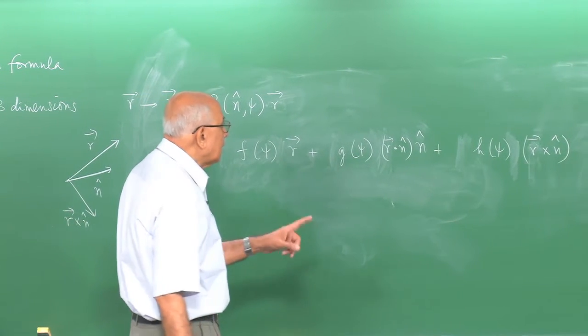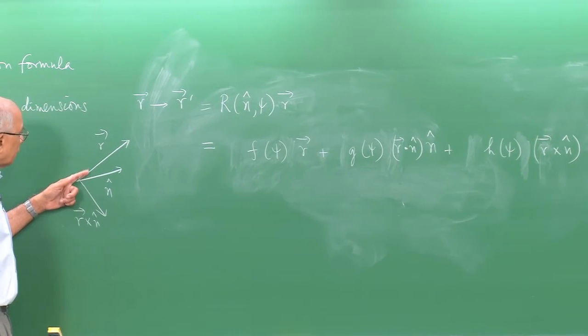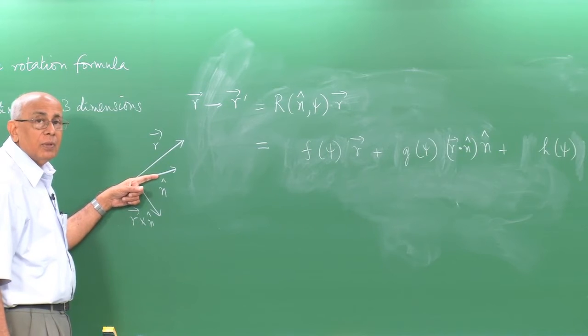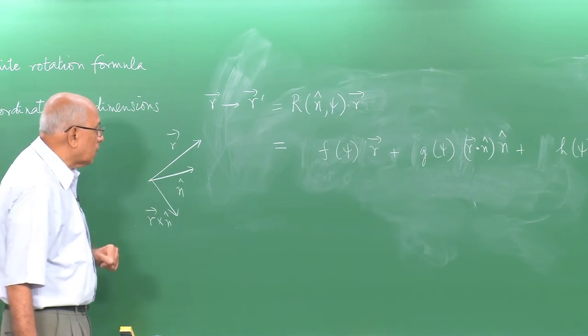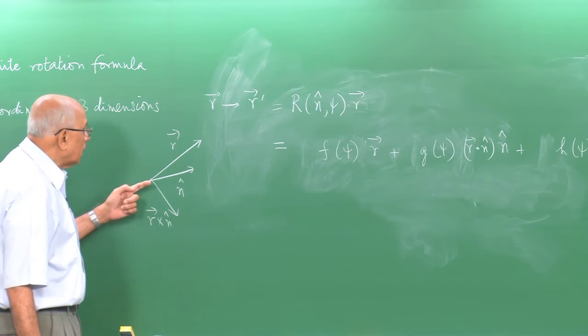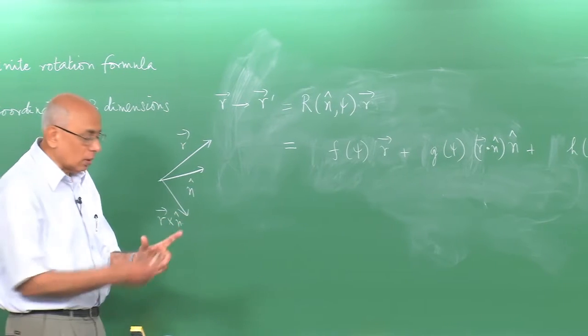Well, we can simplify things a little bit by pointing out that if it should so happen that r is along n itself, so looking at all those points which are along the axis of rotation, it is quite clear that these points on the axis of rotation don't get affected at all.